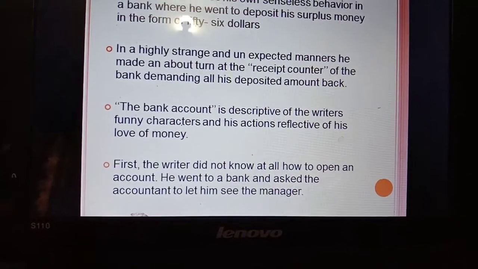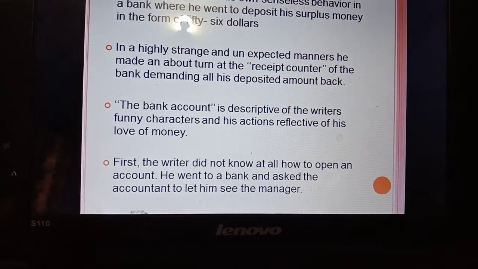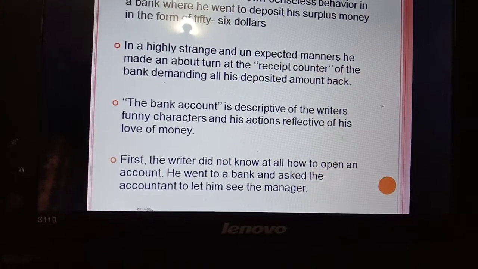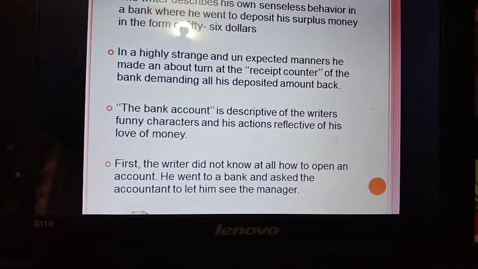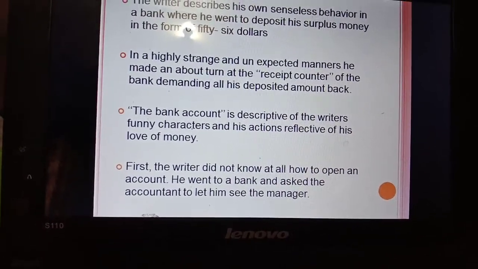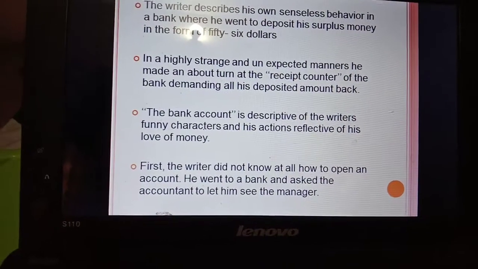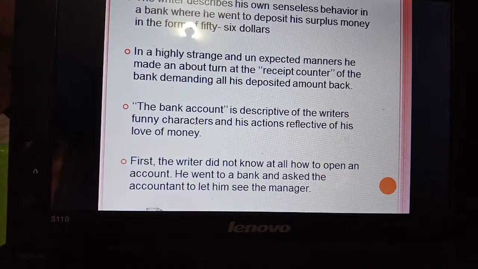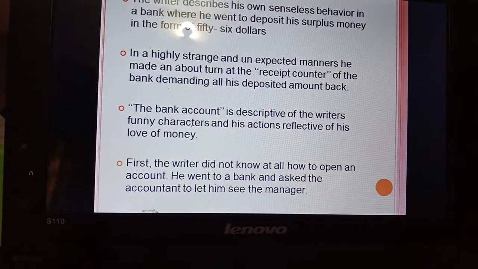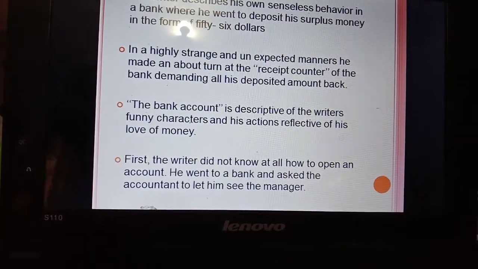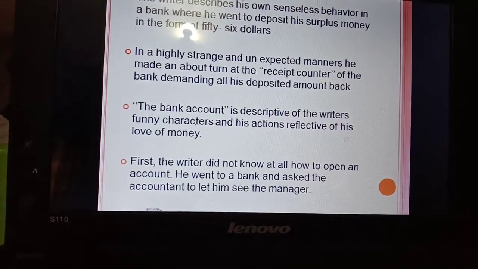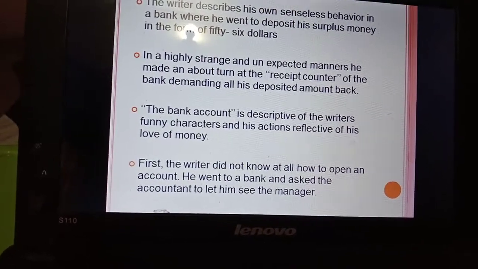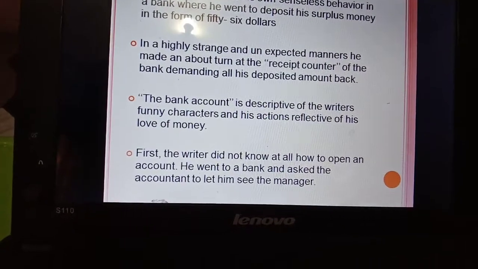Actually, the lesson bank account, which is in your English text, is totally humorous and full of irony and full of humor. The writer himself is narrating his experience, how he went to the bank and what went on over there, even though he did not know how he could open a bank account.